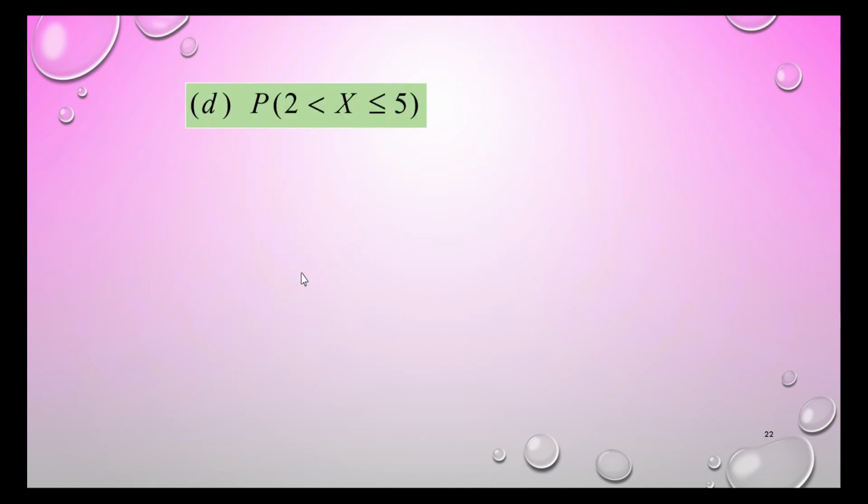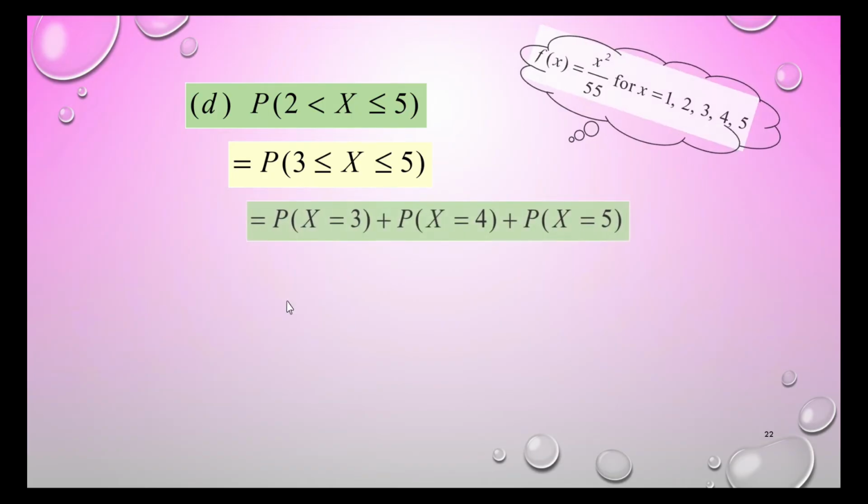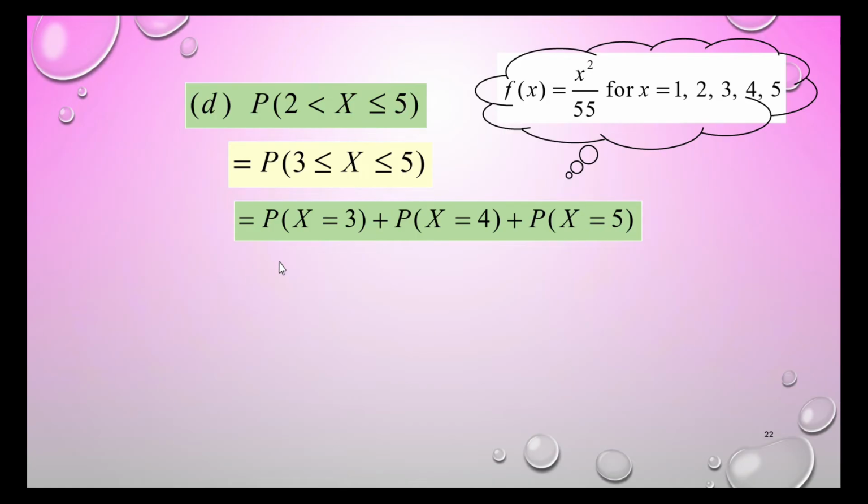D, probability x more than 2, less than or equal to 5, is probability x more than or equal to 3, less than or equal to 5. Means we have to find the sum of probability x equal 3, x equal 4, and probability x equal 5.